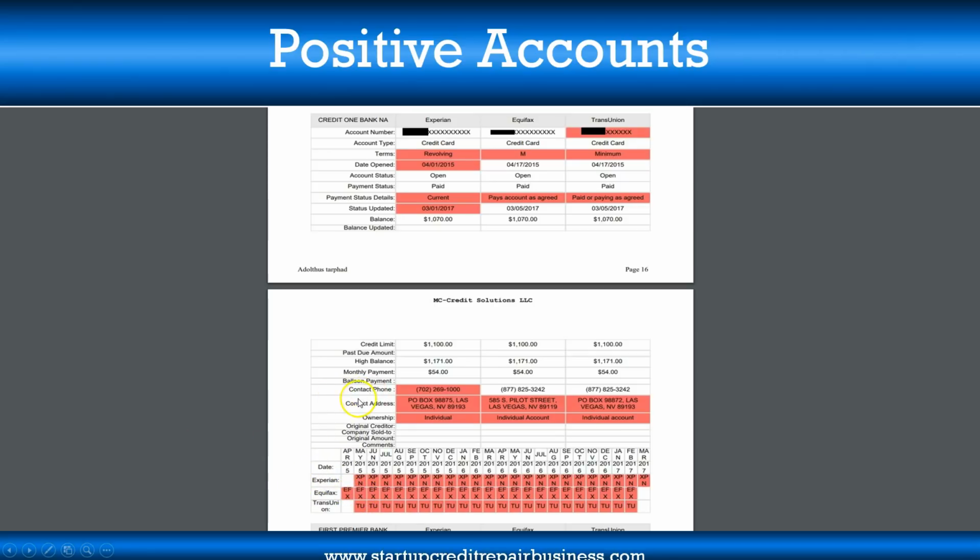So if the high balance, or if the high credit limit is wrong, or the balance is incorrect, okay, or if the payment history shows right down here something missing, like TransUnion not reporting this month and this month, I would definitely reach out to the creditor and say, hey, listen, I've had this card, but you're not reporting on April 2015.